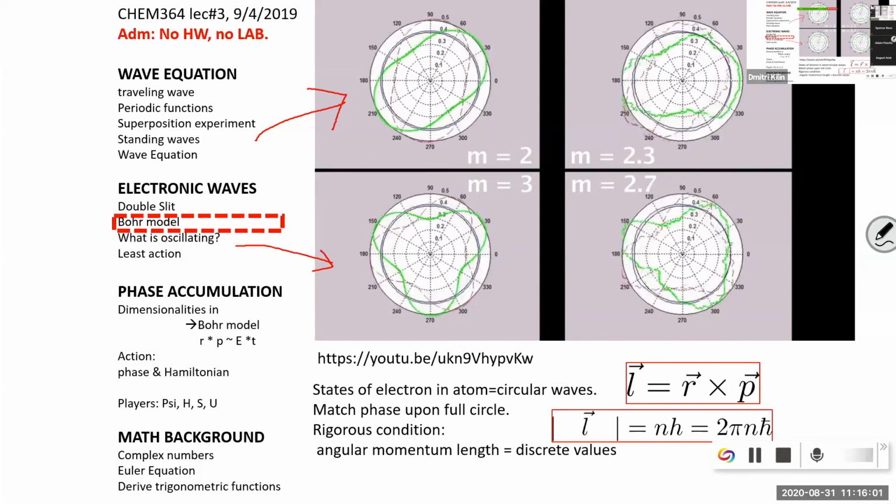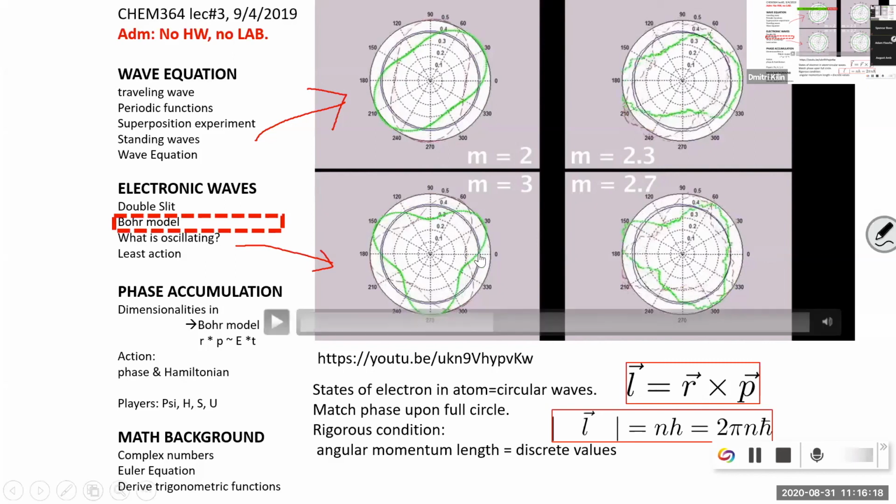So if it is not one of these magic numbers for these observables, then it doesn't exist and doesn't give a contribution to the experiment. So it was the first step of the theory.